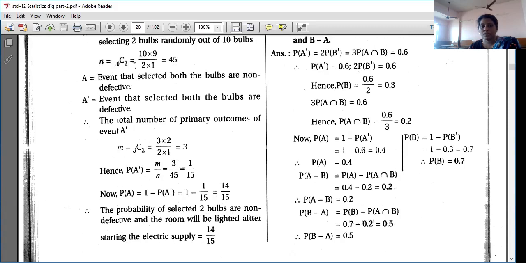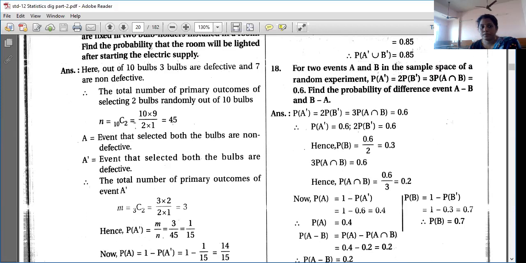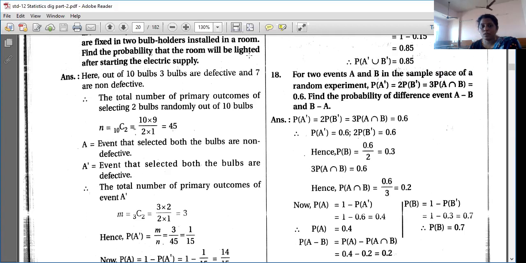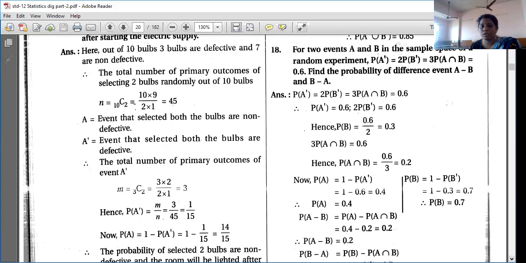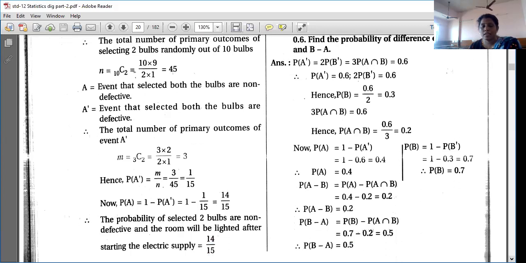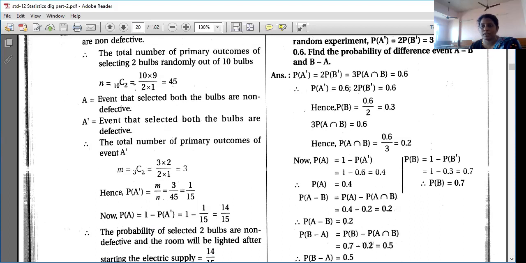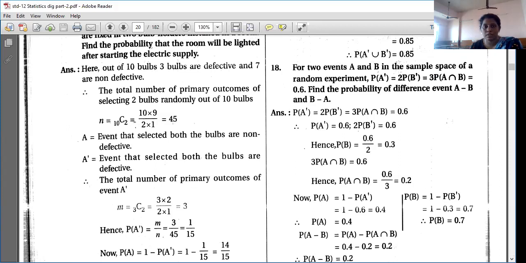Okay. Now see children, in the question it is said to find the probability that the room will be lighted after starting the electric supply, and you will be thinking that if the numbers of defective and non-defective are both given, then why find A dash? See, whenever it is given in sums like this, when defective, non-defective, like A dash के जैसा कुछ भी, ऐसे जो भी negative words होते हैं ना, we consider them as A dash.